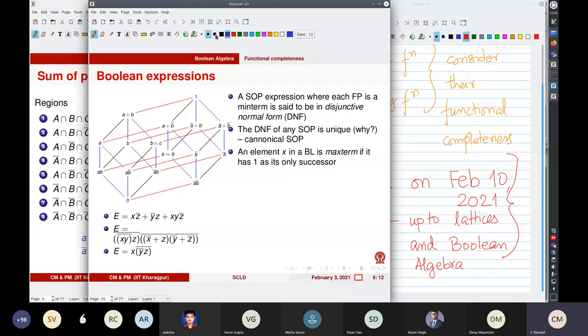So you have these min terms, and you also have max terms.